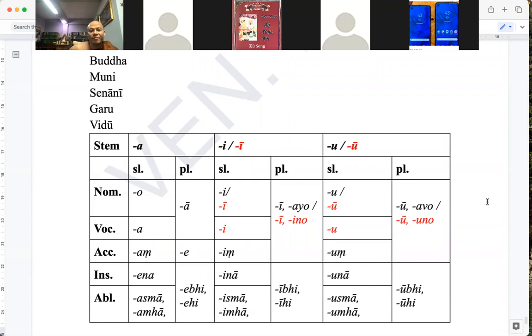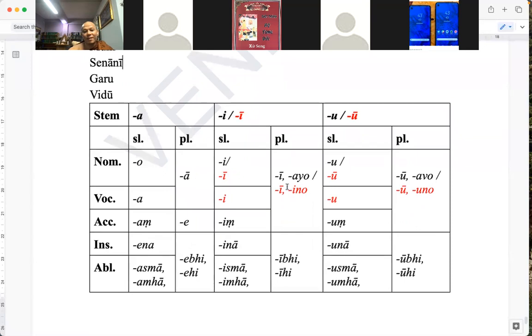Bodha. And the vocative. For plural is Bodha. Okay.